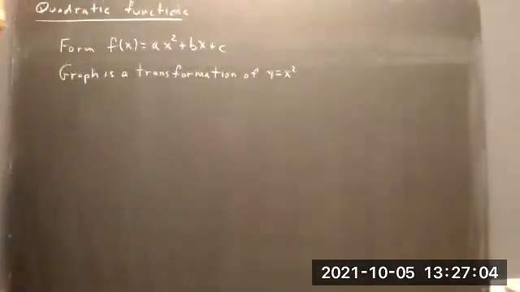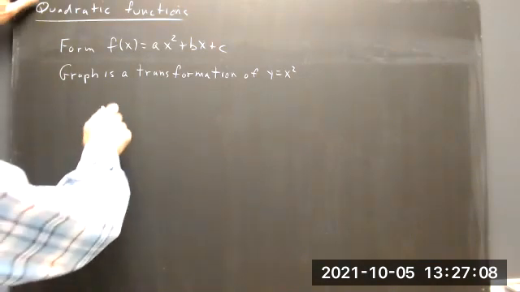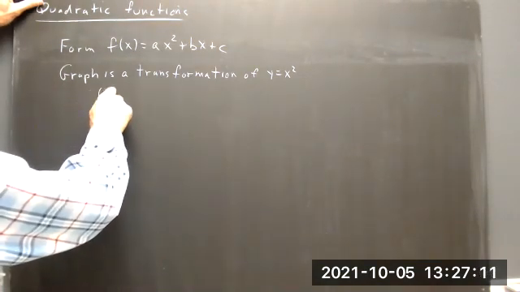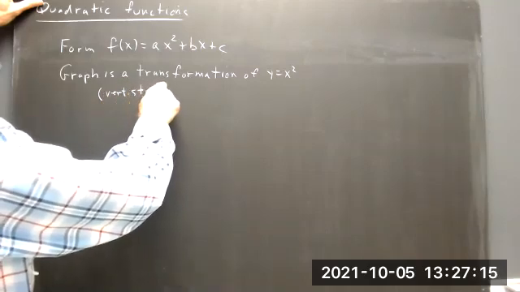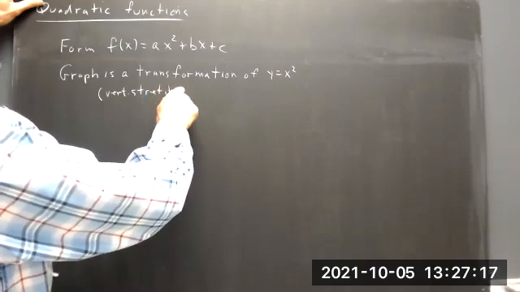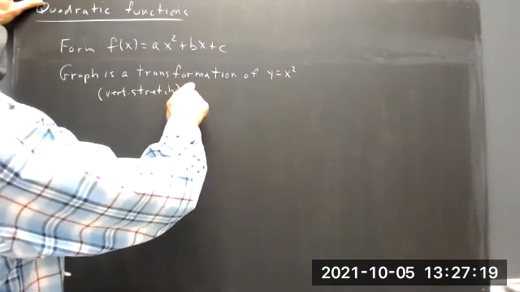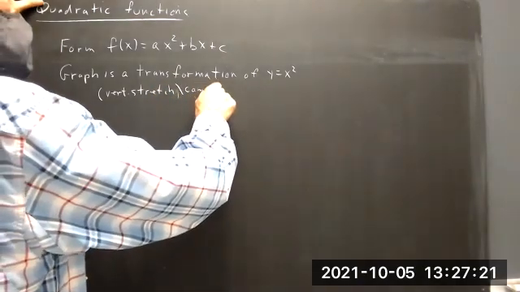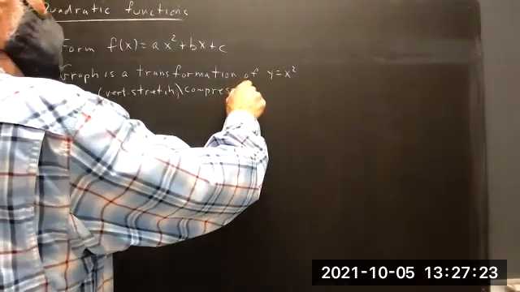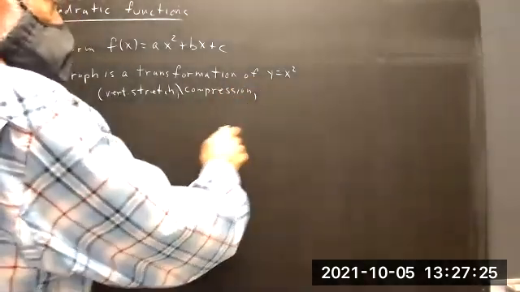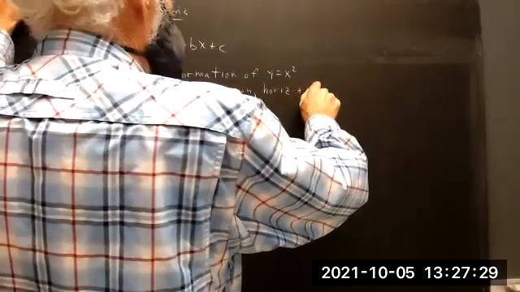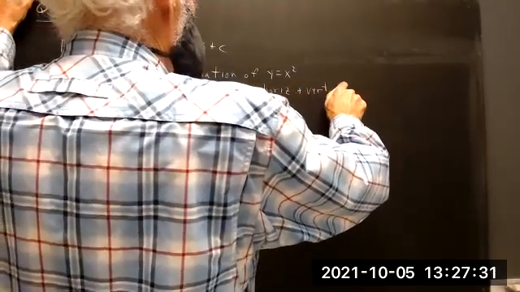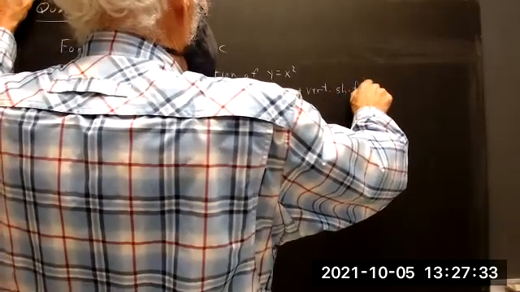Its graph is a transformation of the y equals x squared function. We have a vertical stretch or compression, and horizontal and vertical shifts.